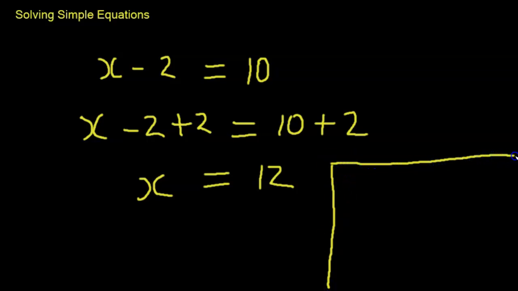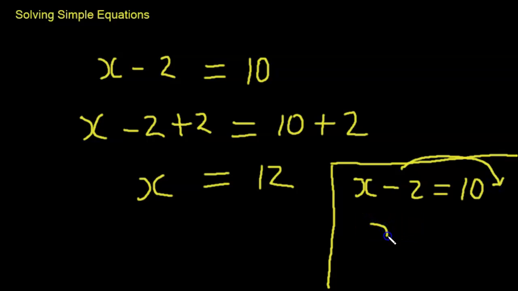Now again, let me not ignore the way some of you were taught to solve problems like this. And again, I know a lot of us, including myself, while I was in high school, I always thought that you bring over the minus 2.